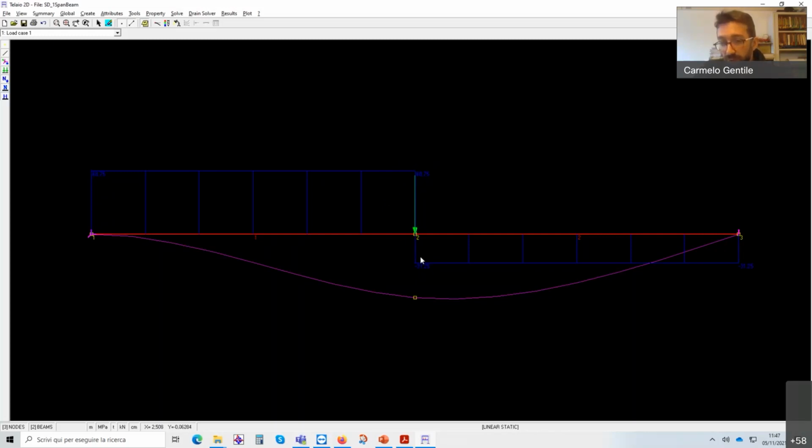It should be minus 31, so minus plus. So the difference between these two values is, if you do the math, 100. 100 is exactly the load of the external load that is applied in this point.